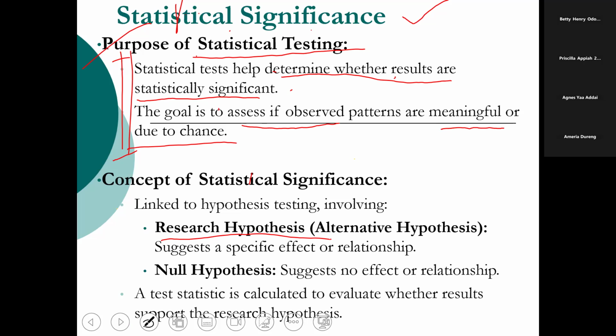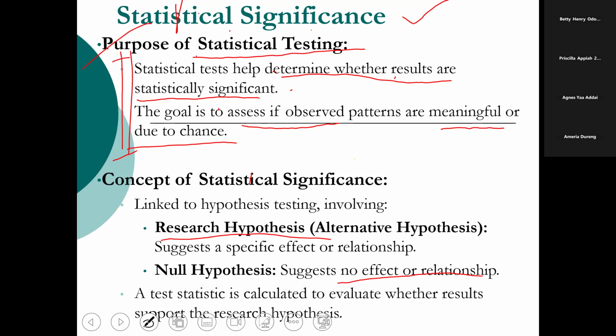The null hypothesis is saying there is no effect. So the research hypothesis is saying there is an effect, that too much fat leads to cholesterol. The alternative hypothesis is saying no, there is no such case.